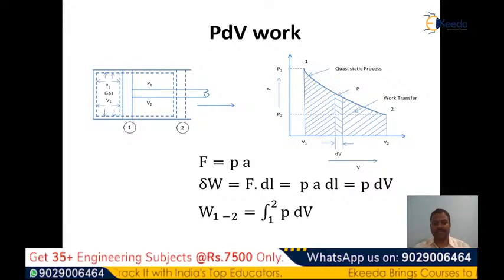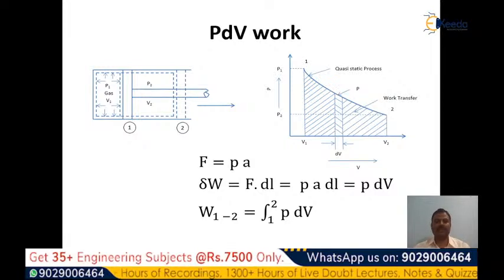Upon integration, we get the integral from 1 to 2 of P dV. So this is PdV work. This is the basis to measure work in any type of process.